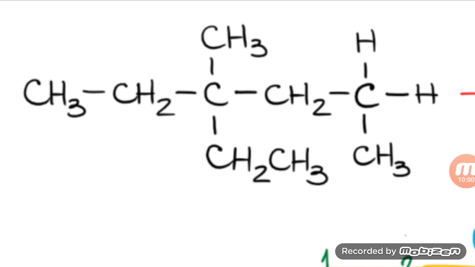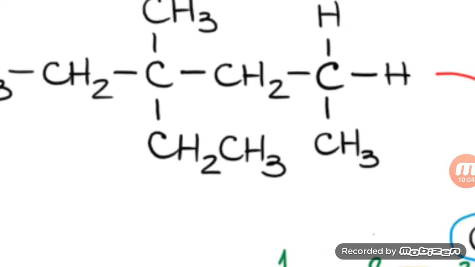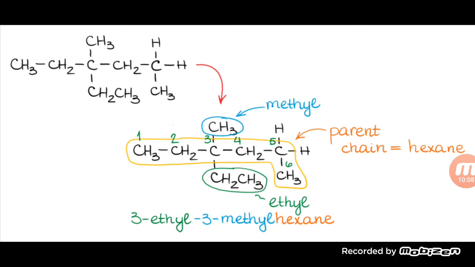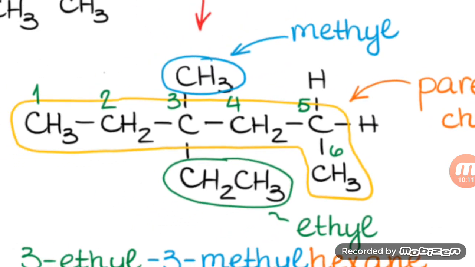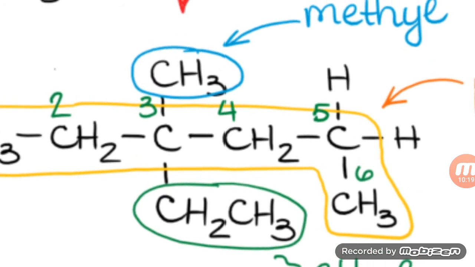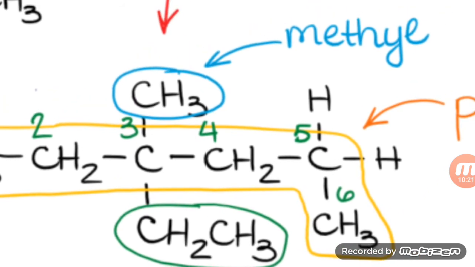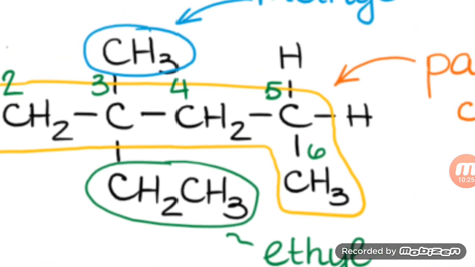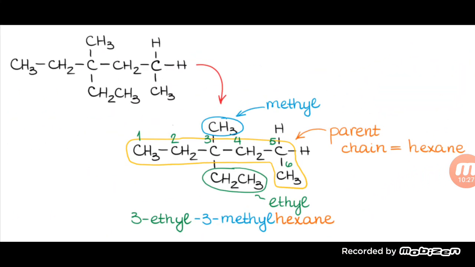Okay, first of all select the numbering from the side from where the substituent is nearer. First of all we have to see what the longest chain is. The longest chain is starting from the left side, 1 2 3 4 5 6. Then I am having the substituent at position number three. The three position is having two groups, not only methyl in the above but also ethyl at the lower part, and the parent chain is hexane.